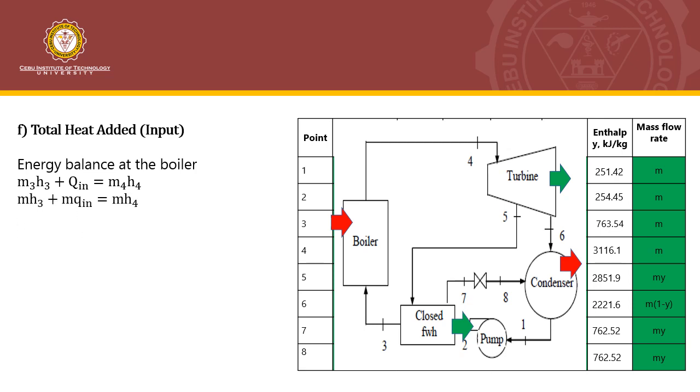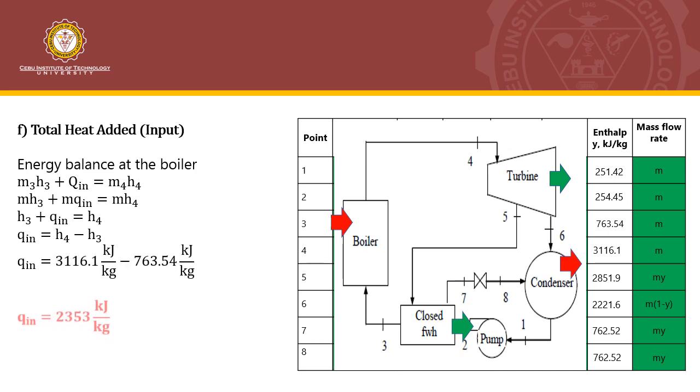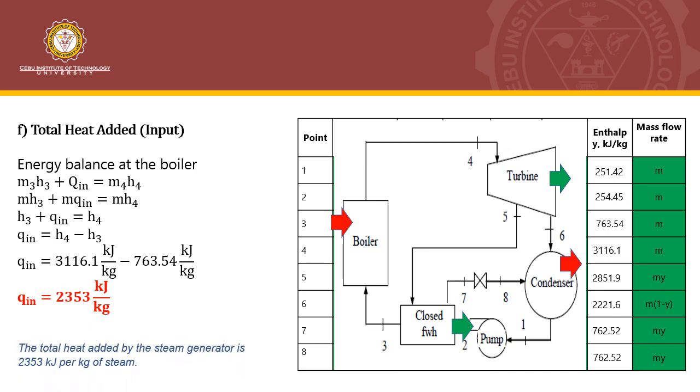Substituting the values of these quantities in terms of the mass flow rate of the steam through the boiler, we can cancel out the value of M and then rearrange so that we can get the value of Qin. So our Qin is just the difference of the enthalpies across the boiler. Substituting the values of enthalpies, we can get Qin as 2353. So the total heat added by the steam generator is 2353 kilojoules per kilogram of steam.